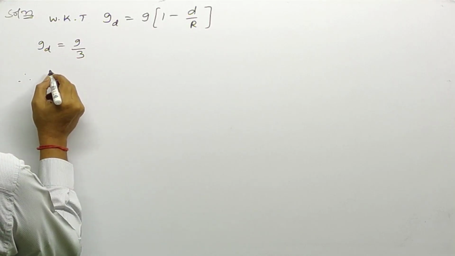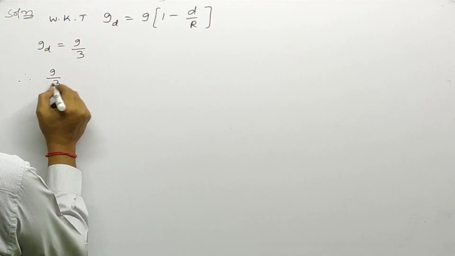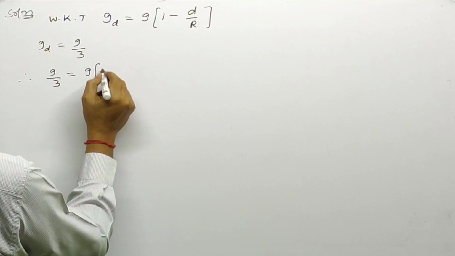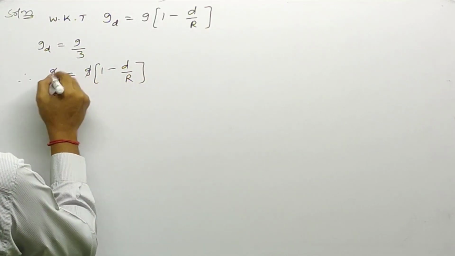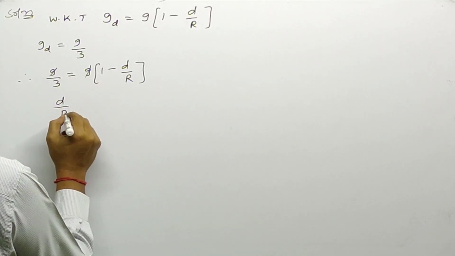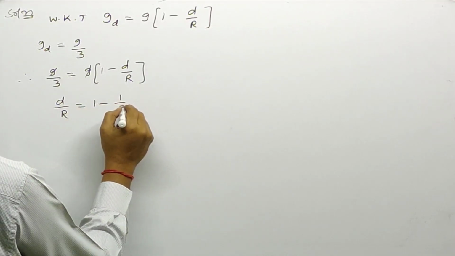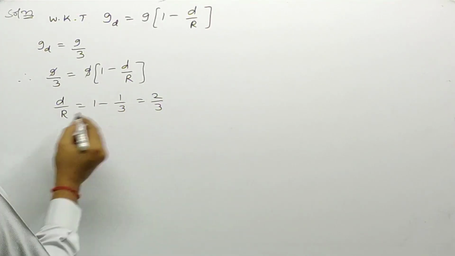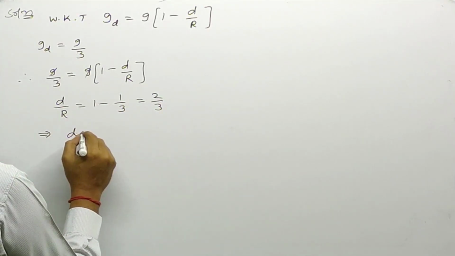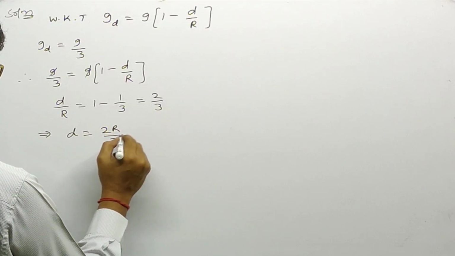Therefore, g by 3 is equal to g into 1 minus d by R. g cancels. So d by R is equal to 1 minus 1/3, that is 2/3, or d is equal to 2R by 3.